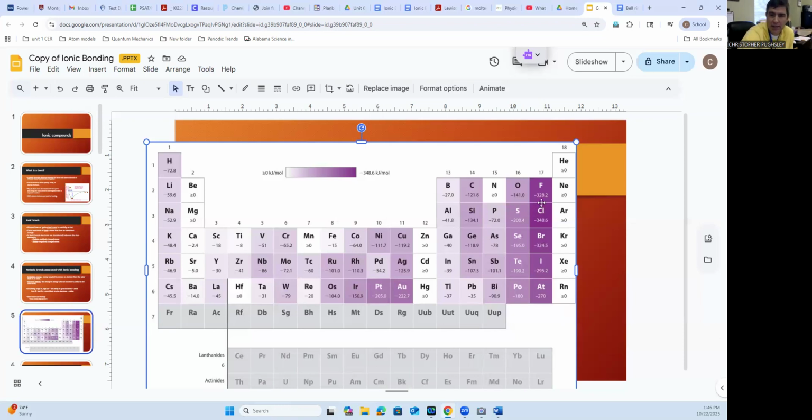Fluorine and chlorine really want electrons. They release a tremendous amount of energy when they gain an electron. The reason is that when they gain an electron, they get that noble gas notation. This is energetically favorable, and that's what they want. So that's the reason why they really want an electron.